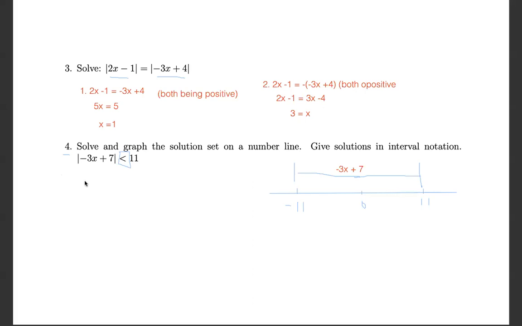So this means negative 3x plus 7 is less than 11, but greater than negative 11.